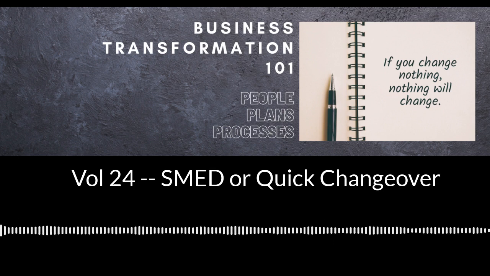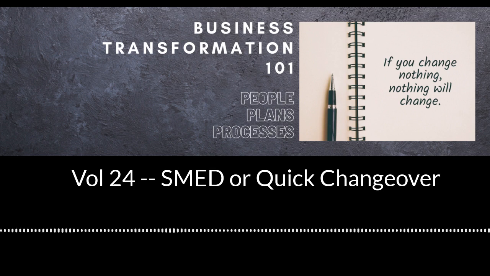A SMED Kaizen starts with videotaping of the changeover process to give the team a good view of the current state. The current state videotape is reviewed by the team to identify waste in the changeover process and to identify which portions of the setup are internal, where actions that can be taken only when the machine is stopped, and which are external, which are actions that can be taken when the machine is running.